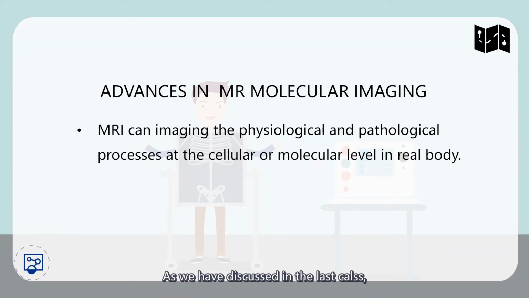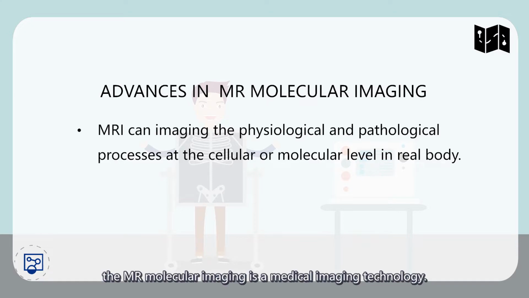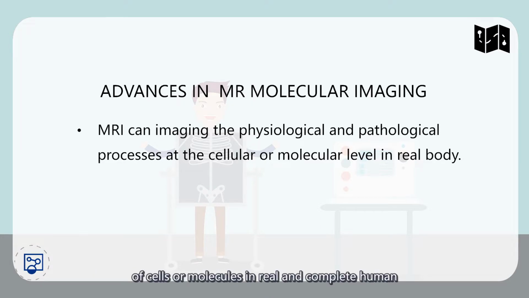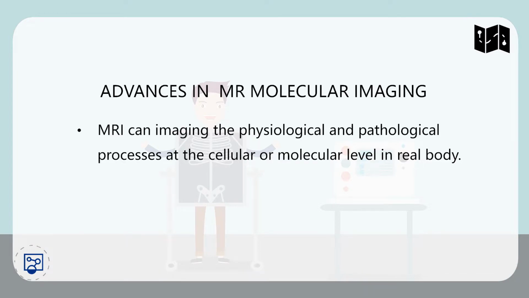As we discussed in the last class, MR molecular imaging is a medical imaging technique. It can directly display physiological and pathological processes of cells or molecules in real and complete human or animal bodies through images.